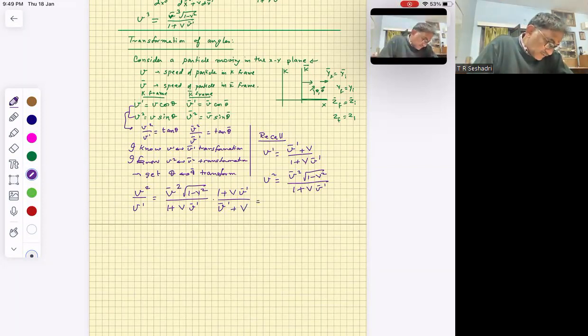And this is equal to v bar 2 times the square root of 1 minus v squared divided by (v plus v bar 1).